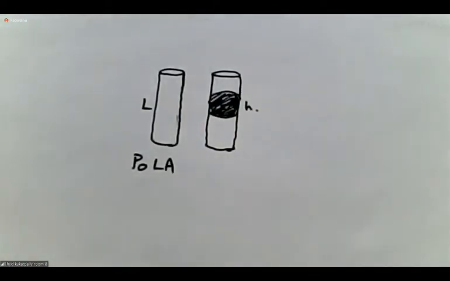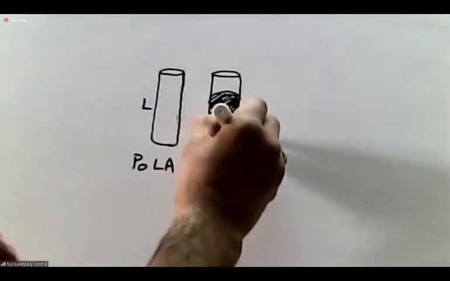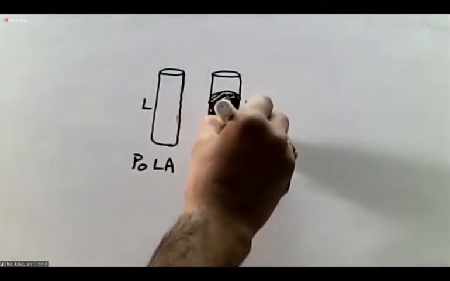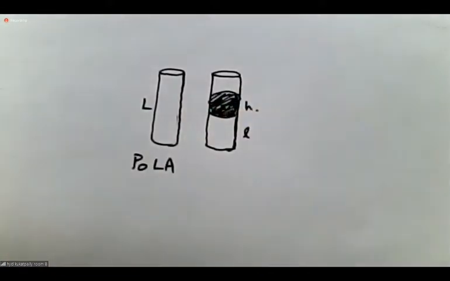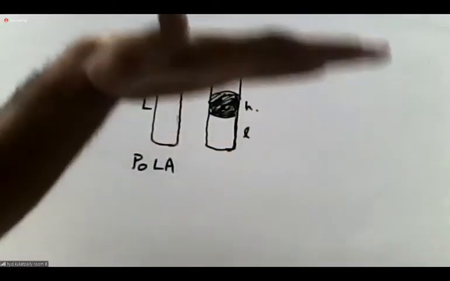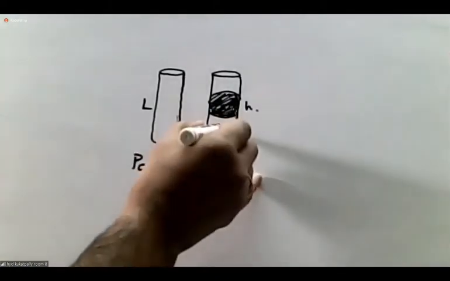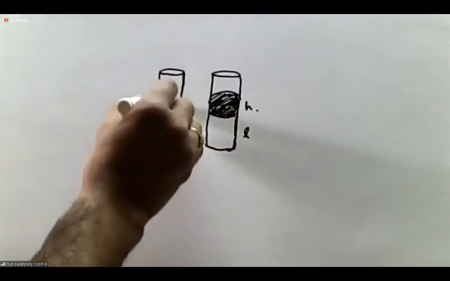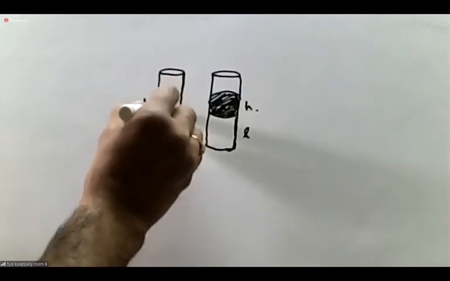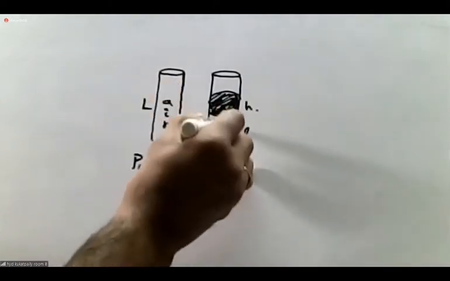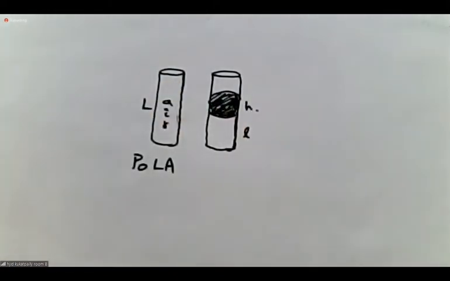Mercury compresses the gas, and so the volume changes to small l into A. That same air has come to a volume of small a into small l.